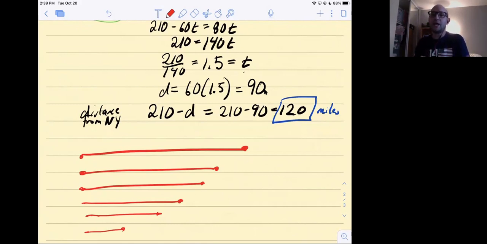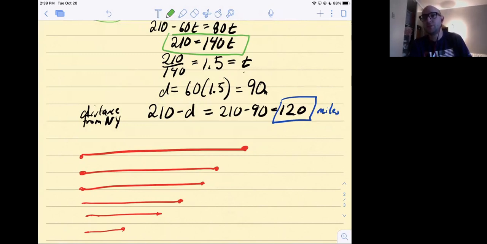Once you get that time, then you can solve everything else. So thinking about relative speeds lets you avoid all the table and just jump into this idea right away. Please use the table as you're setting up the problem, but have this in the back of your mind that thinking about relative speeds could actually simplify the setup a little bit.